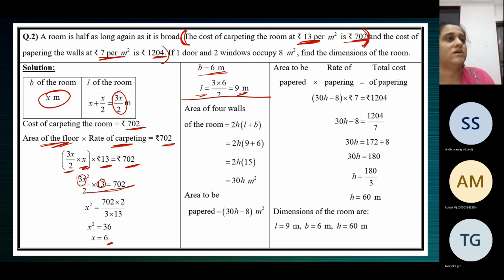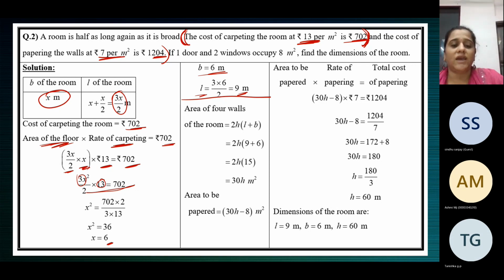Including that only you're finding. So if you want to remove, you should remove it separately. Now they've given you 8 meters square. So 2h into L plus B minus 8 is the area to be papered. Understood that? Into the rate will be the total cost of papering.